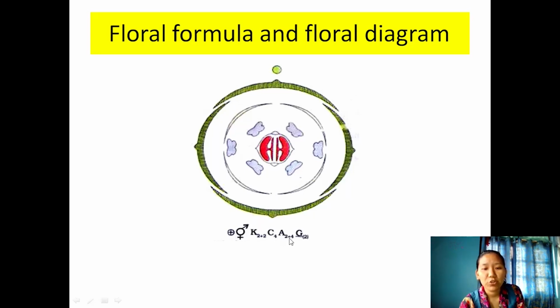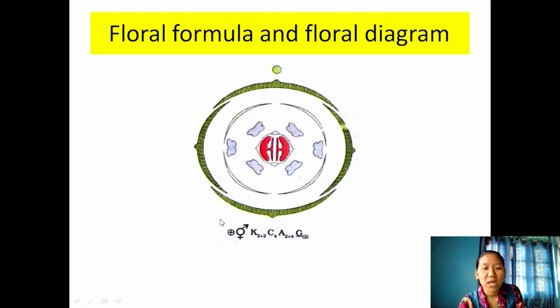And androecium is 2 plus 4, 2 outer and longer, and then 4 inner. And gynoecium 2, this is a superior ovary, so this G is underlined here. And these two are fused, that is syncarpous, which is why it is put in brackets.